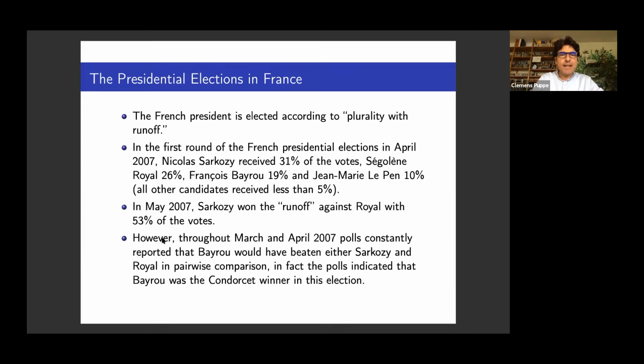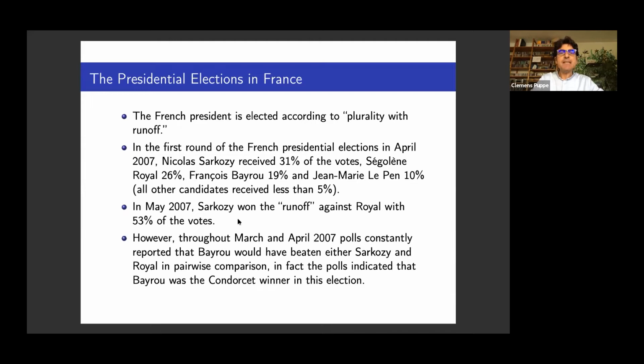Why? Well, because these polls before the elections constantly reported that Bayrou would have beaten either Sarkozy or Royal in a pairwise comparison, right?